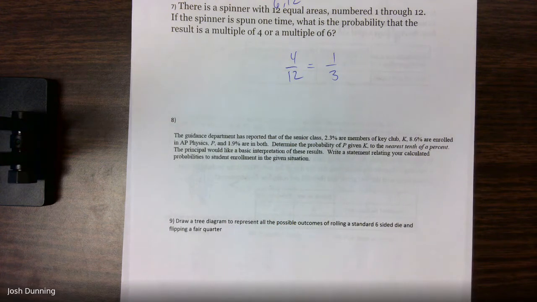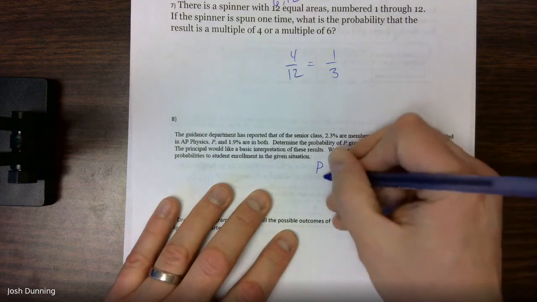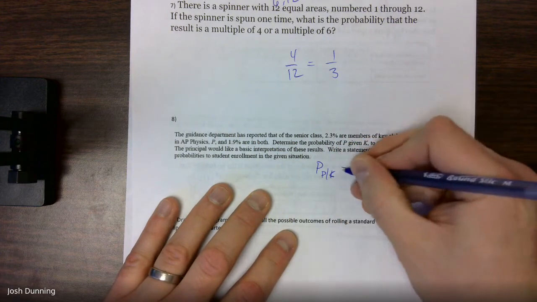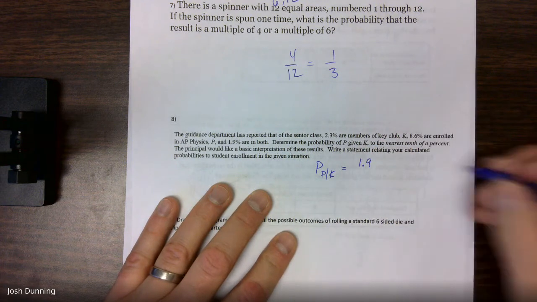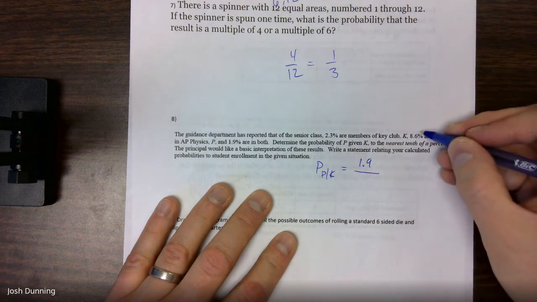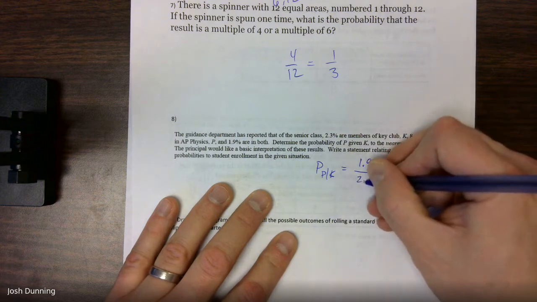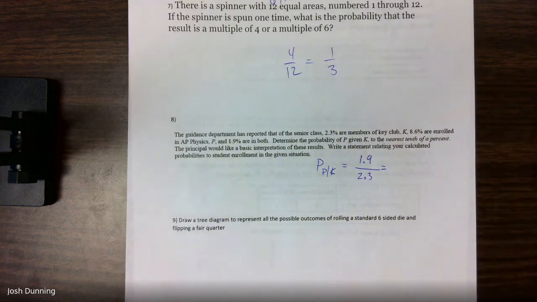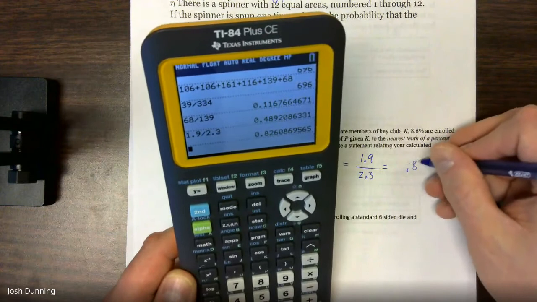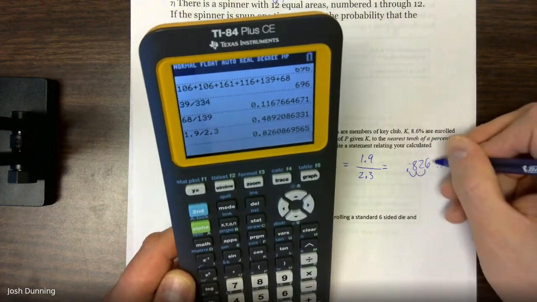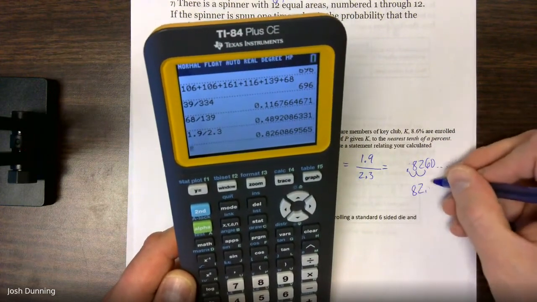Determine the probability of P given K. So that's the probability of P and K, 1.9, divided by the second one, K. Nearest 10th of a percent. Pop it over twice. The next numbers are 82.6%.